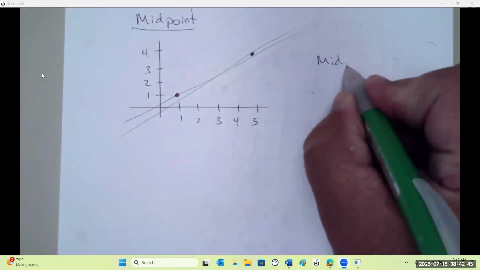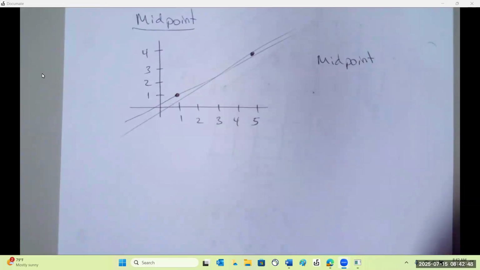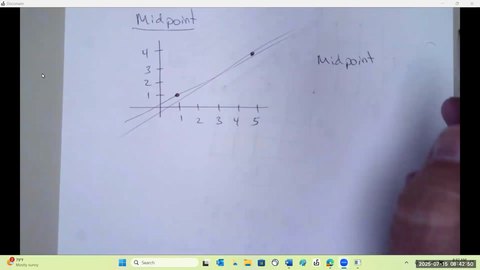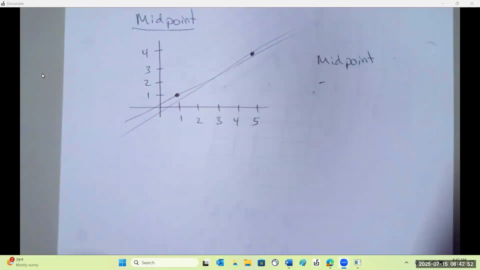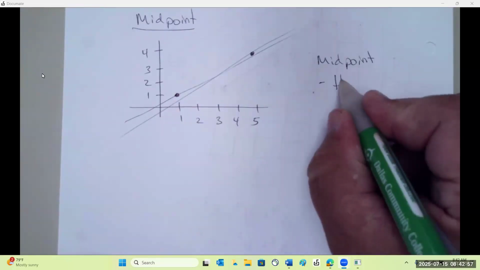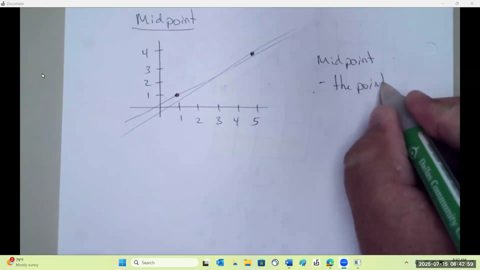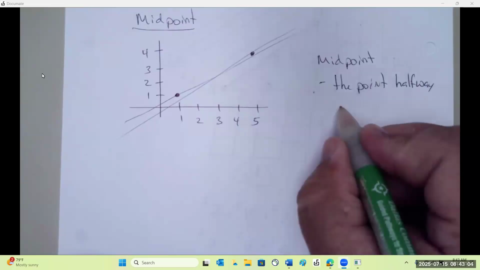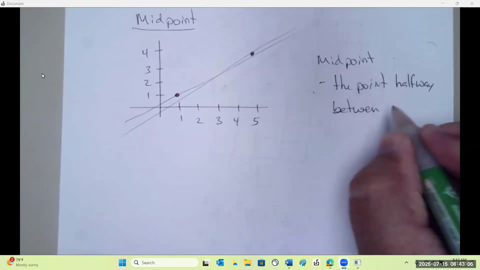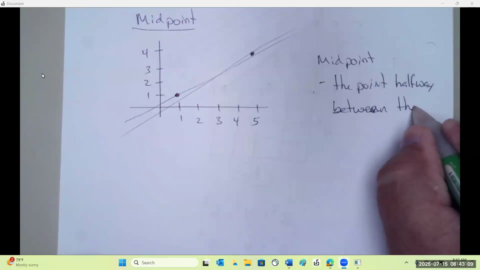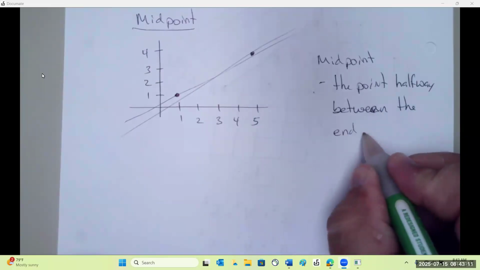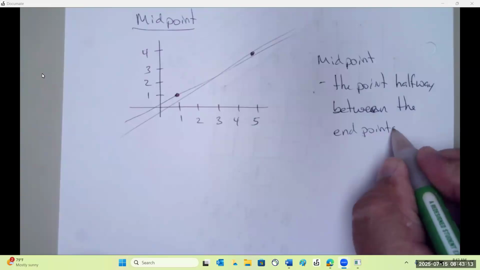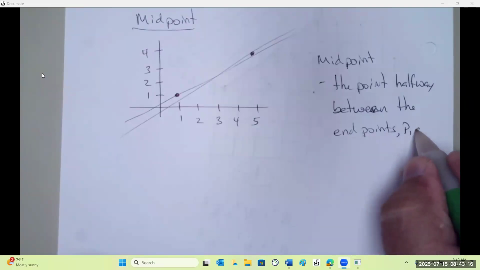Middle point. No, you can't say middle point. Very good. The point halfway between the endpoints, point 1 and point 2.